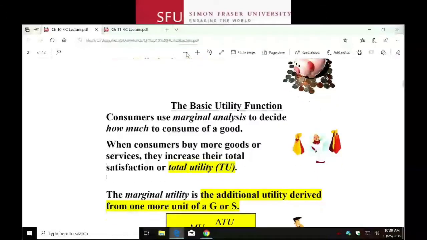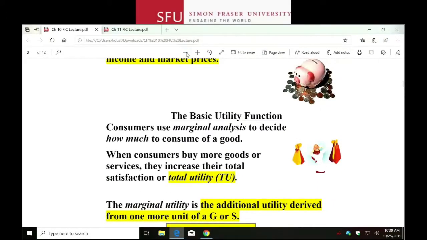So we have total utility, and then we have marginal utility, which is just the additional amount of utility we'll get when we get one more unit of a good.